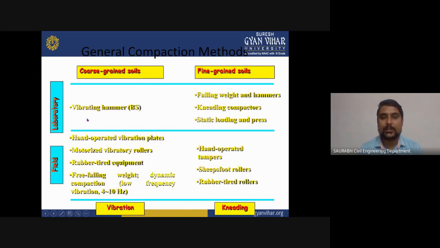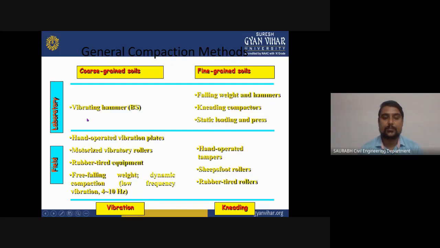Now we will come to the general compaction methods for coarse grained soil and fine grained soil. Here one is the laboratory test and one is the field test. In the laboratory we have to use a vibrating hammer, which is known as BS, and for fine grained soil we have to use the falling weight and hammer, kneading compactor, and static load press.